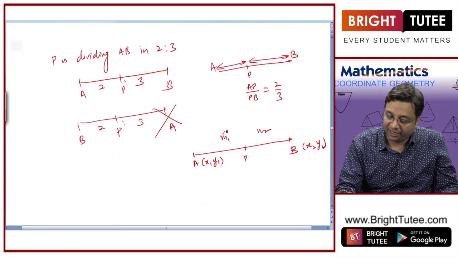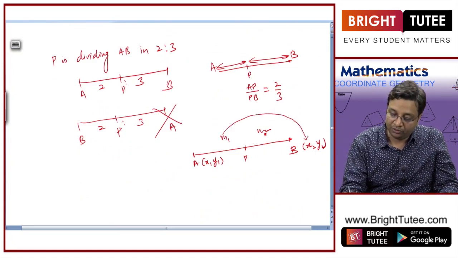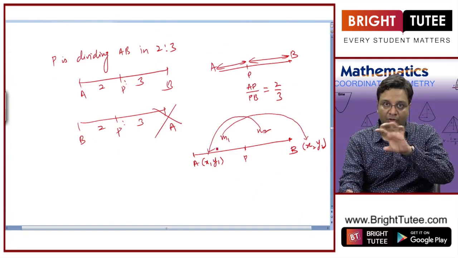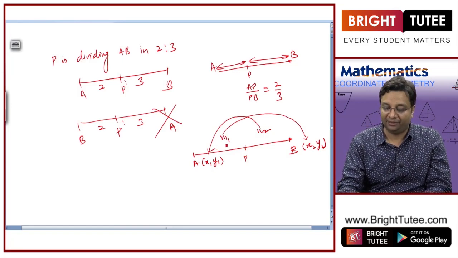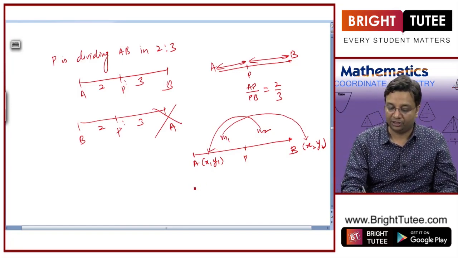We multiplied m1 with the coordinate x2, m2 with the coordinate x1, kind of cross multiplied these and divided by m1 plus m2. So a similar thing we are going to do here in this question.